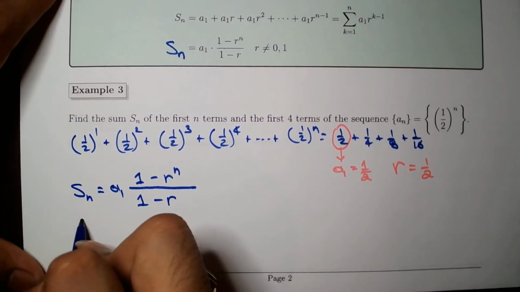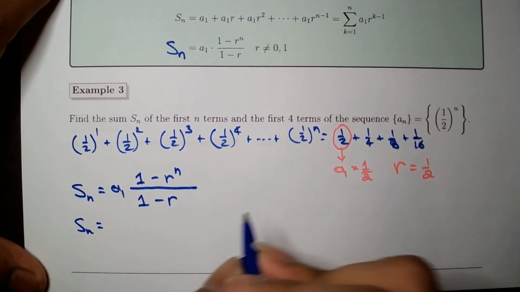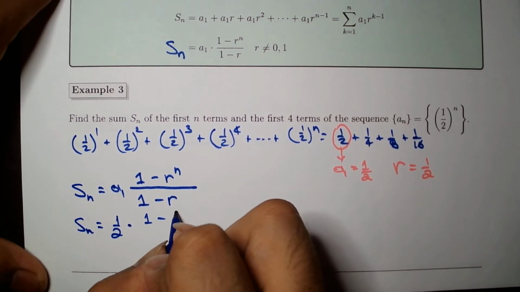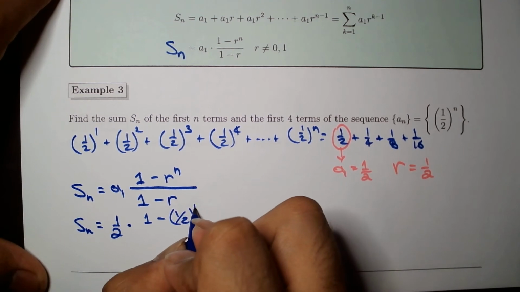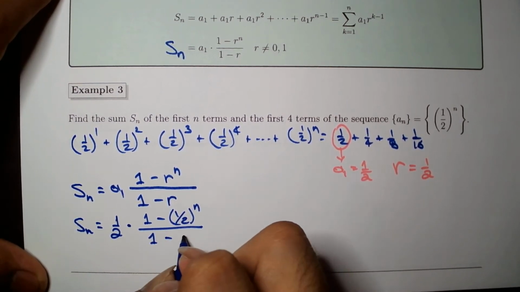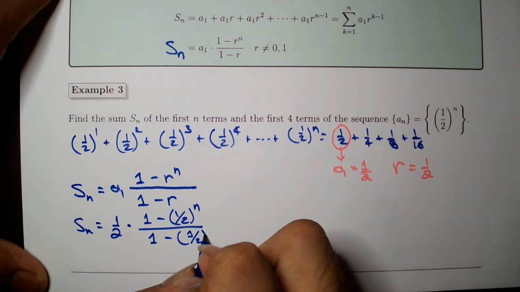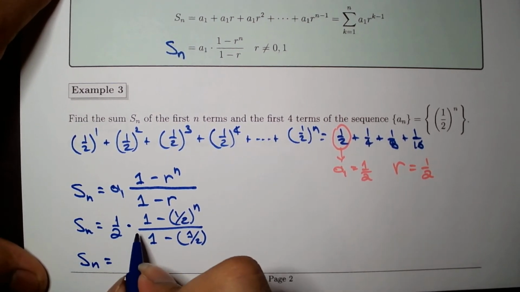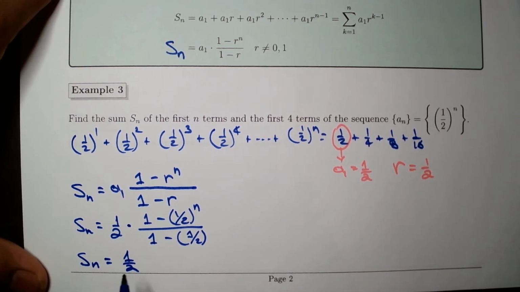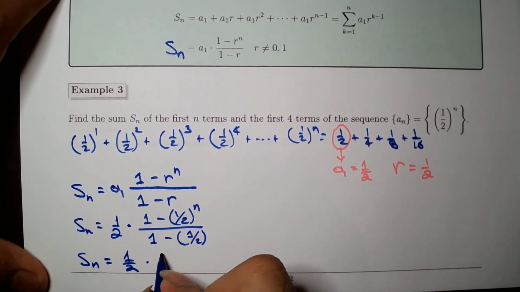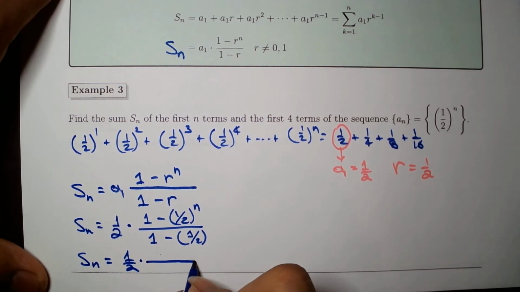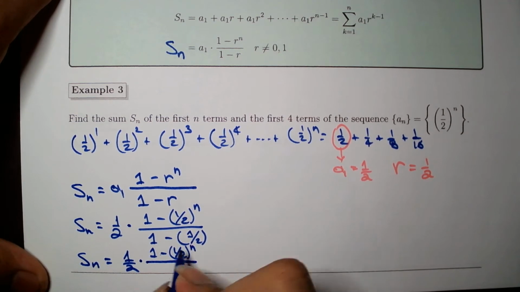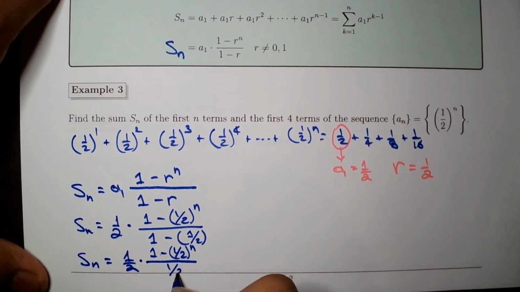All right, so S sub n is the first term, which is 1/2, times 1 minus 1/2 to the n over 1 minus 1/2. All right, so what is this going to be? S sub n equals 1/2 times 1 minus 1/2 to the nth power, and then 1 minus 1/2 is also 1/2.